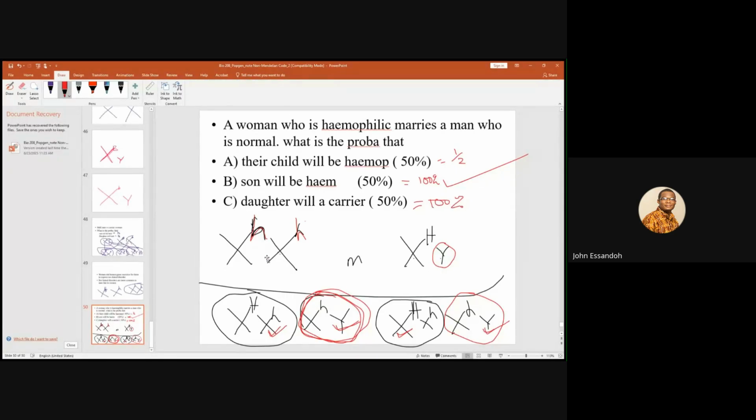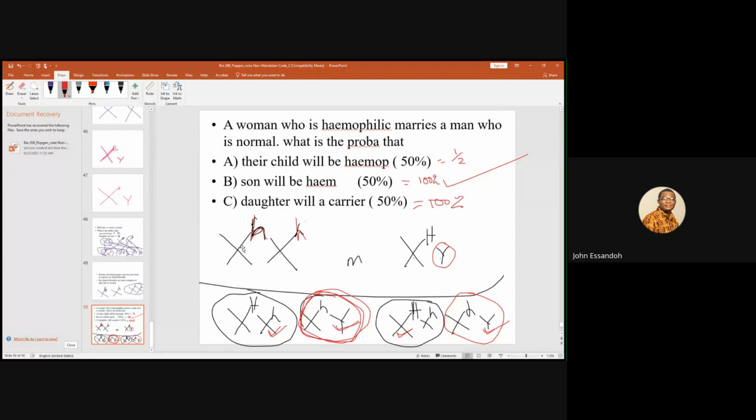So when they pair up, we get this H here, this H and this H here. We get this normal H with this one. So this one is a carrier woman. The next one is this one against the H here.